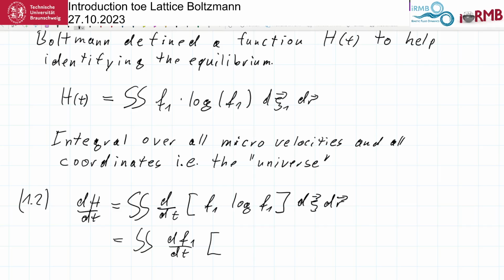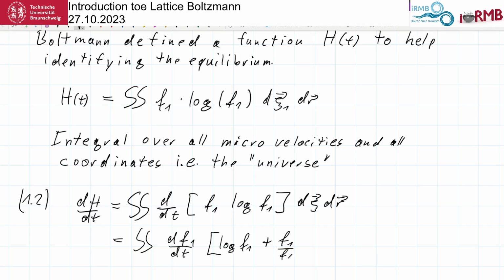What's called the multiplication rule? So I first have the logarithm of f1 standing here, and then the other part is I let f stand here, and the derivative of the logarithm is 1 over f, which gives me plus f1 divided by f1.